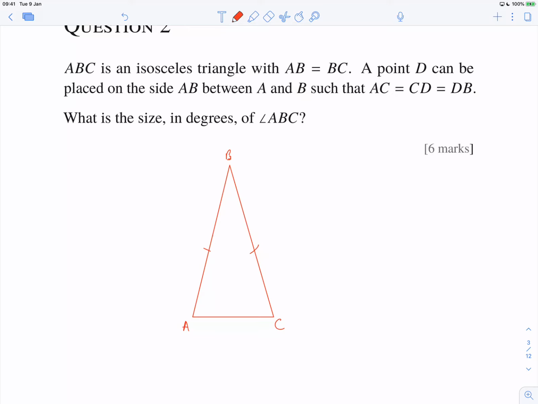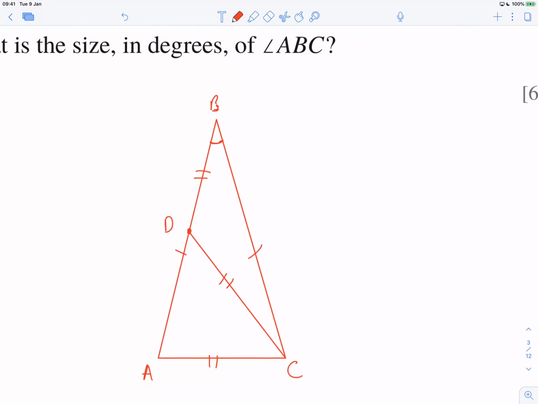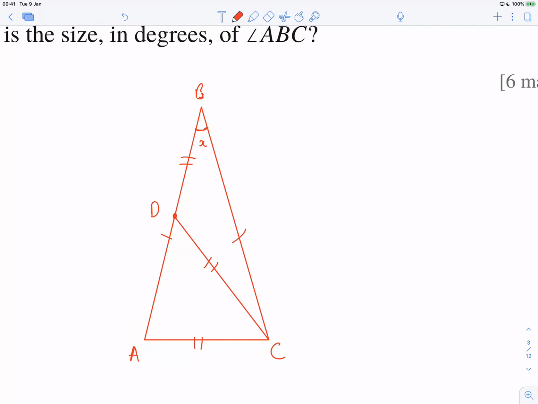Okay, so let's put it there, say, where that's D, such that AC is CD, which is DB. So that side is the same as that side, is the same as that side. So we've got quite a few isosceles triangles going on here. What is the size and the angle in degrees of ABC? So I want to find out this angle here. I'm going to call that angle X.